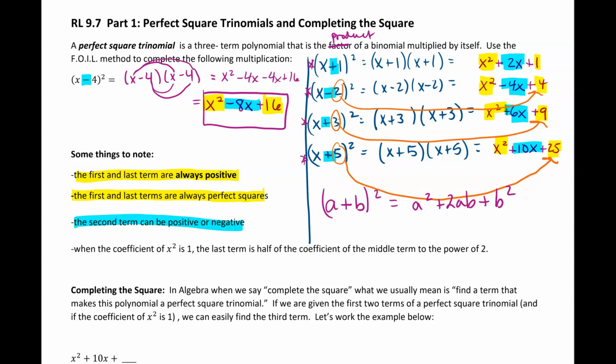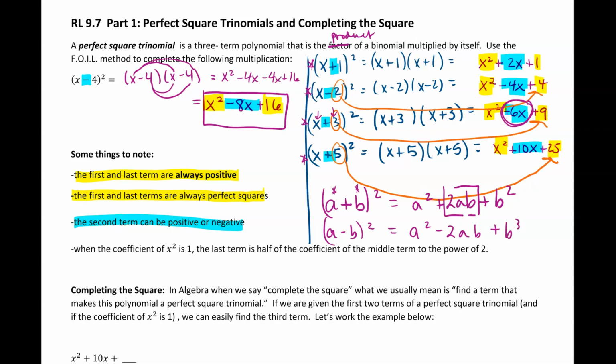So that middle term is this first term from the binomial times the second term from the binomial times 2. So if I look at, for example, this 6x, that is x times 3 times 2 to get the 6x. Alternately, if we had subtraction there, the only thing that changes is the sign of the second term. So it just becomes negative.